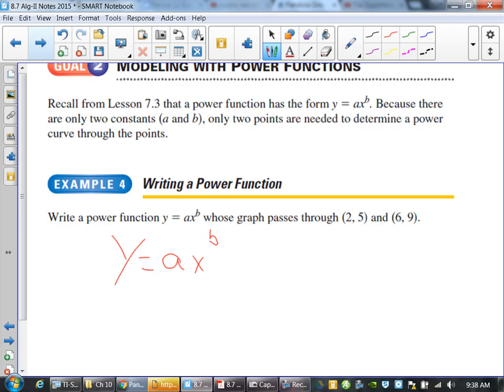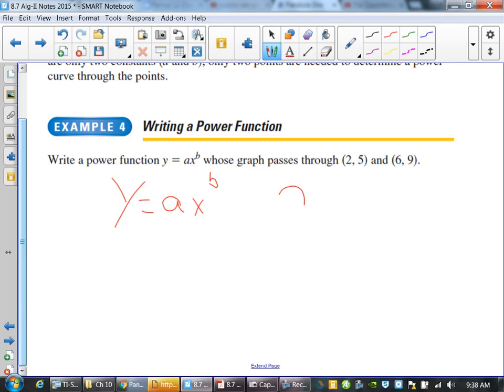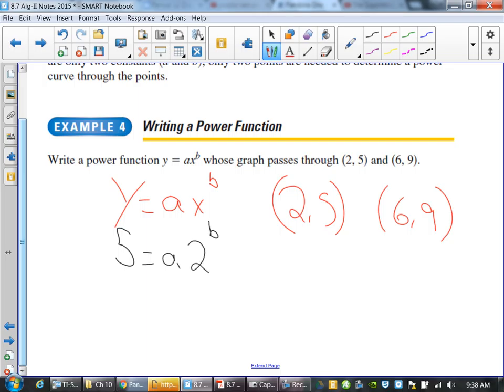You have your 2 ordered pairs again, 2 and 5, and 6, 9. Gee, what do you think we're going to do? We're going to substitute. 5 equals a times 2 to the b power. 9 equals a times 6 to the b power.